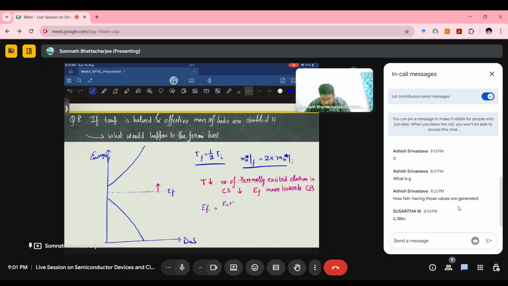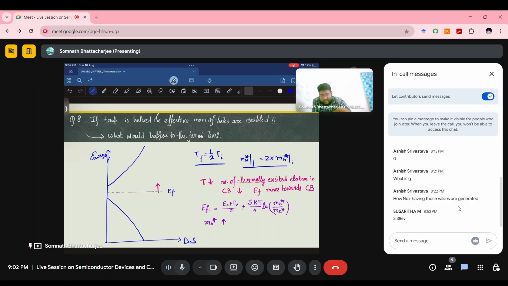EC plus EV by 2 plus 3KT by 4 ln of MH star by ME star. So based on this equation, we can say that if we double the effective mass, it is increased.